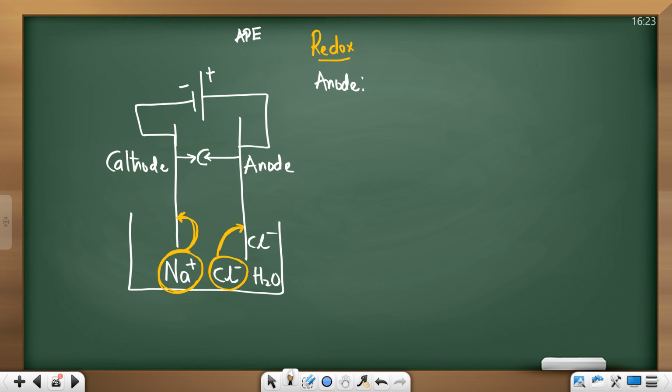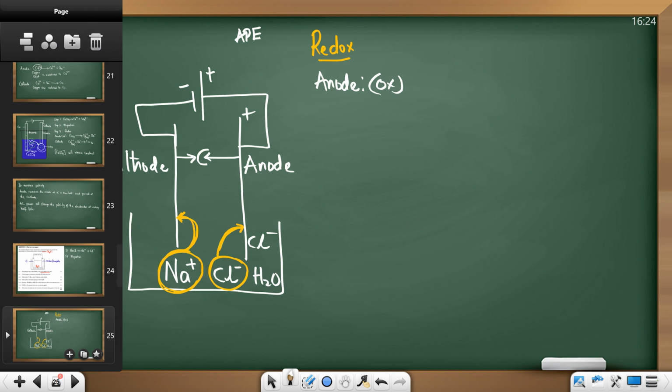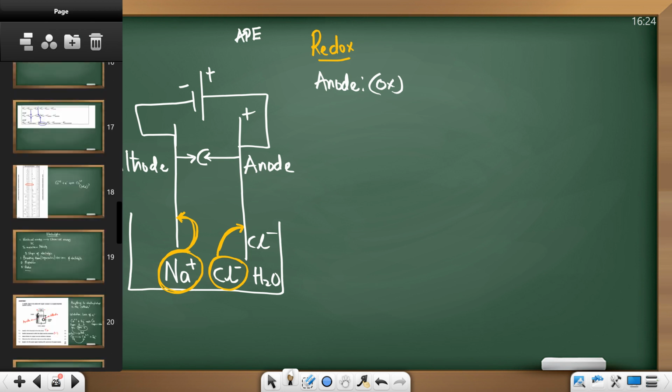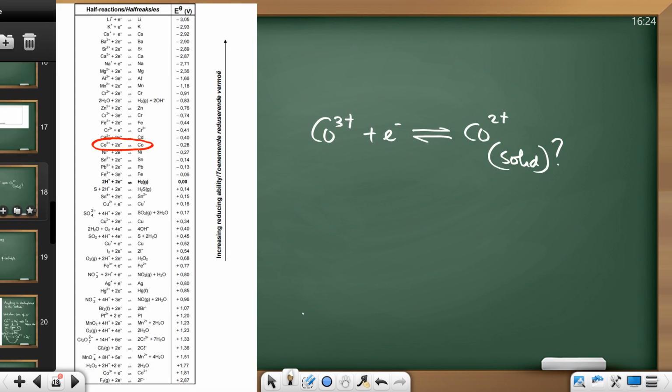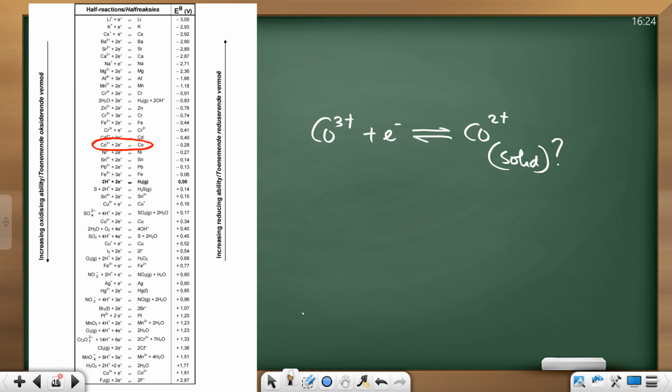Cl minus is attracted towards the positive because opposite charges attract. But what happens? Oxidation. Just go to your table, guys. Let's look for chlorine. Please find it. It is very close to the bottom. It's number 5 from the bottom.